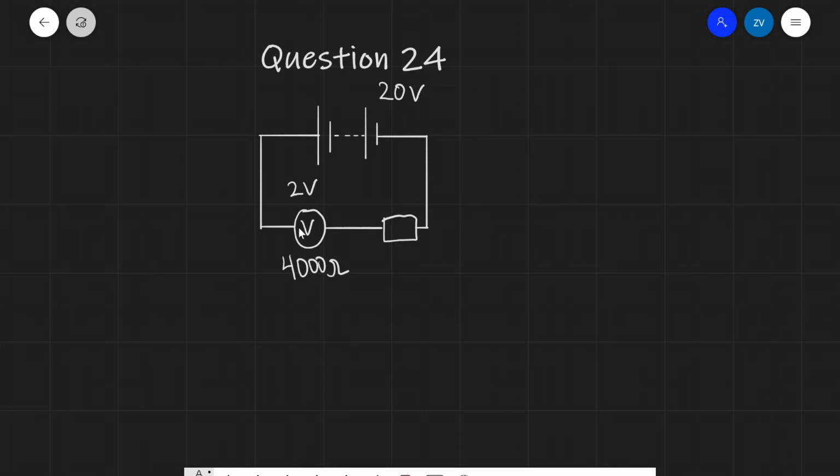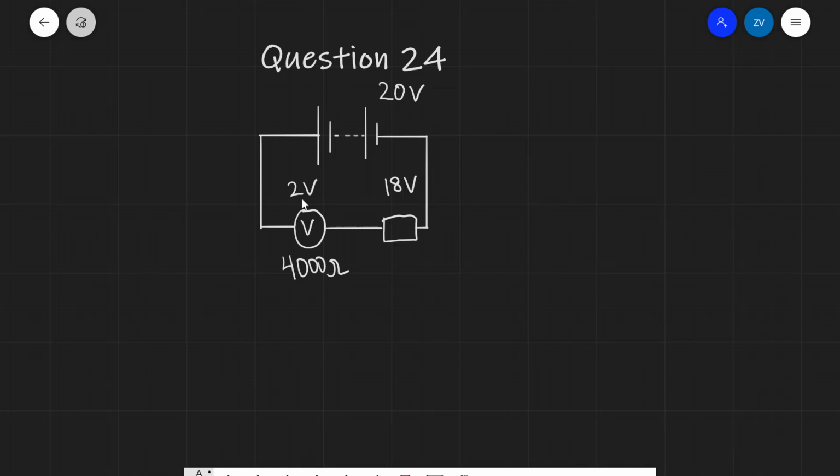Okay, well, now we have the following circuit. We can actually think of this voltmeter essentially just as a resistor. So if we have 2 volts across here, due to Kirchhoff's second law, this means that we must have 18 volts across there.